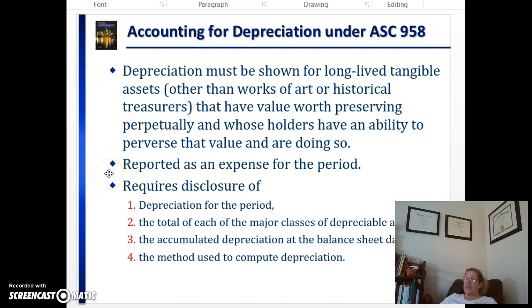It is reported as an expense for the period, just as it would be in normal accounting. And it requires disclosures of depreciation for the period, the total amount of the major classes of depreciable assets, the accumulated depreciation at the balance sheet date, and the method used to compute depreciation.